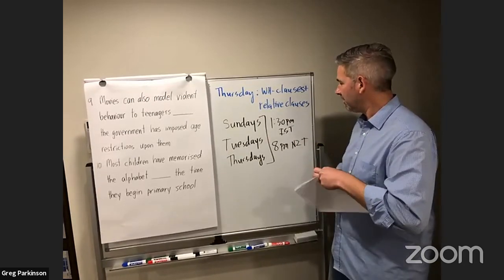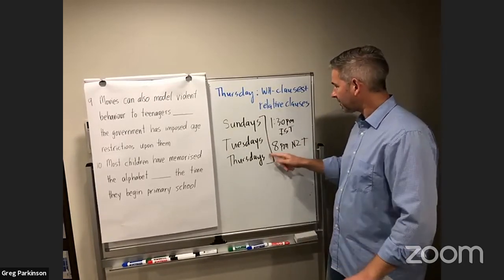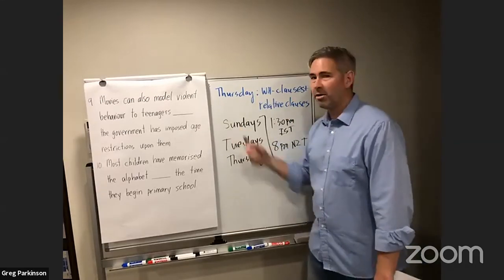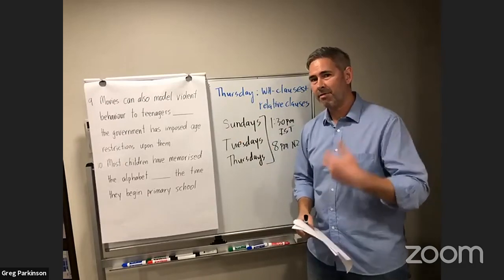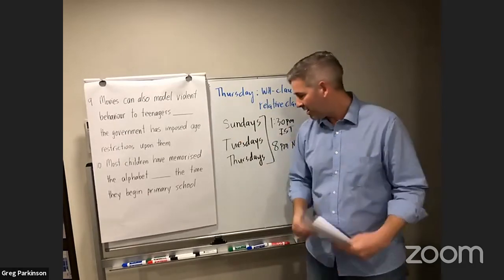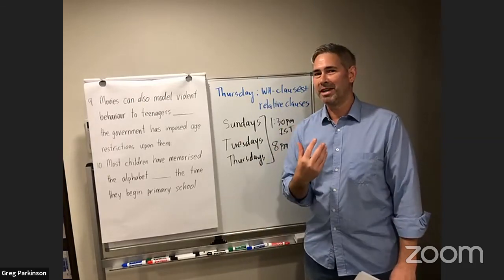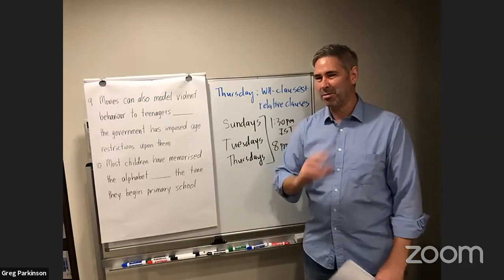So again, this Thursday, we're going to do WH clauses and relative clauses. Looking ahead to Sunday, we're going to cover the passive voice, which is a really useful grammatical structure to be using in your writing, as we have looked at and touched upon before.